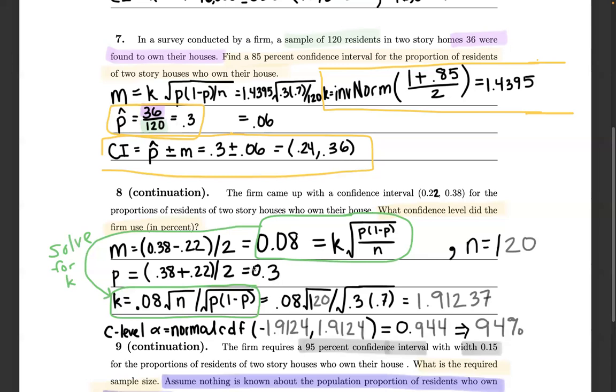So that's our P. And the reason why it's the midpoint is, if you think about it, here we have our P hat plus or minus M. So our P hat is going to lie in the middle of this interval. It's going to be the midpoint. So 0.3 is the middle of this interval. So that's kind of the same idea here. Our P equals the midpoint of the interval that the firm came up with.